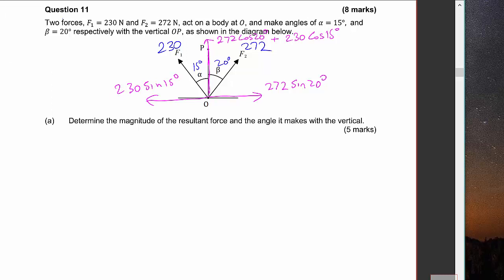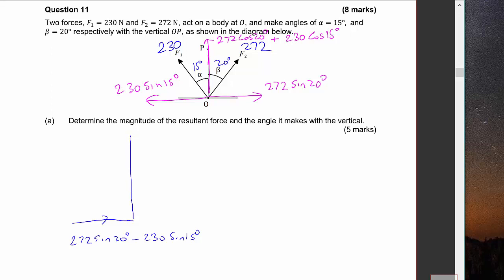So overall, what have we got? Going across this way, we would have 272 sine 20 take away 230 sine 15.